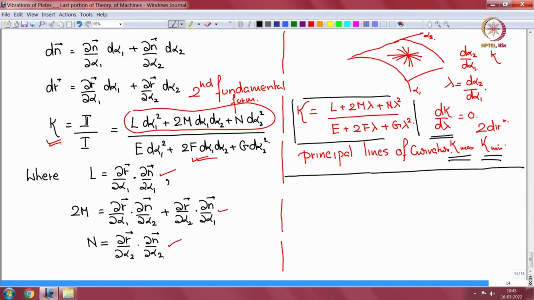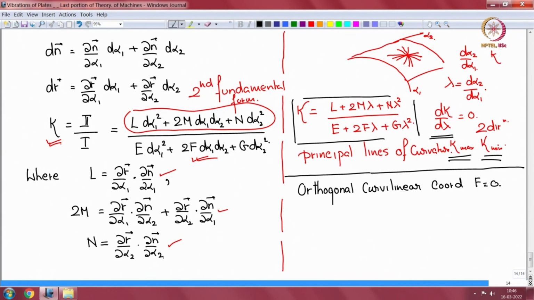Now, without so much of a derivation, for one thing we said we are dealing with orthogonal curvilinear coordinates, which means my F is 0.